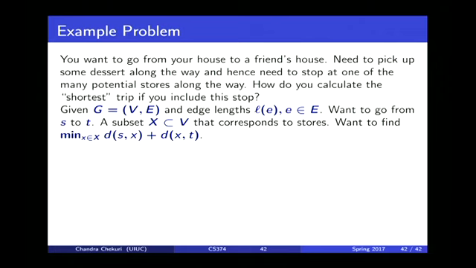Your destination is your friend's place, and you want to stop at a store to get something. There are many possibilities for the stores; a subset of the nodes are where the stores are. So you want to go from your place to your friend's place with a stop in the middle at one of these locations, because you want to do it in the shortest possible time. What would you do? How do you compute that?